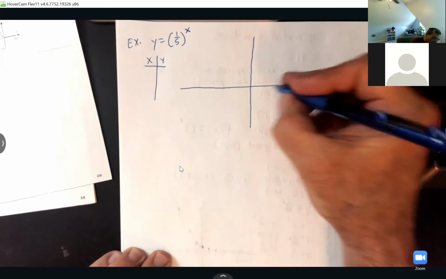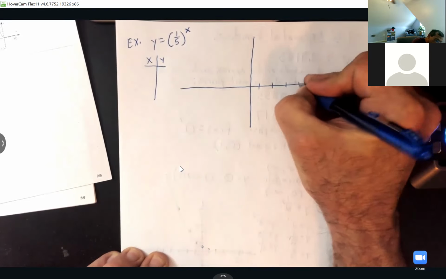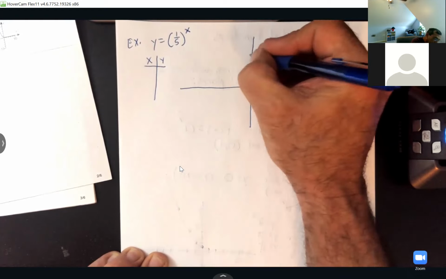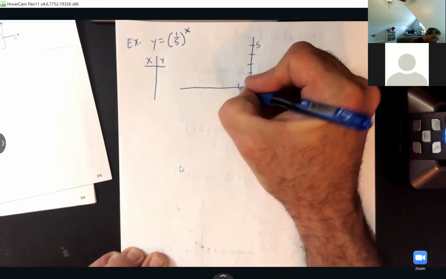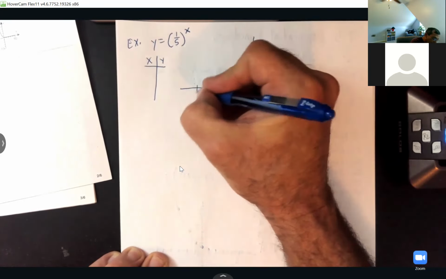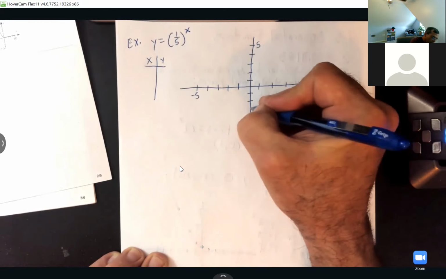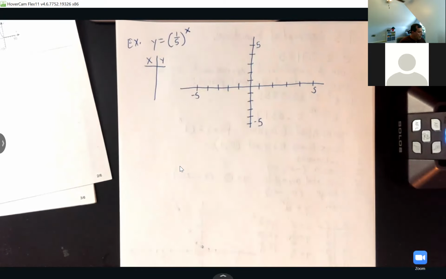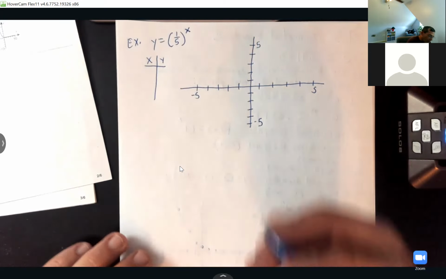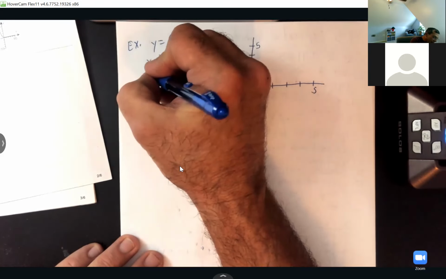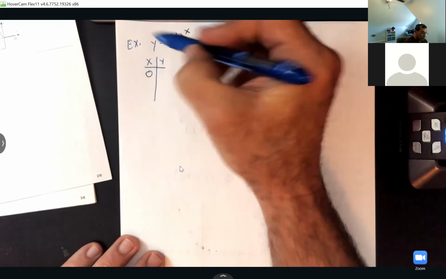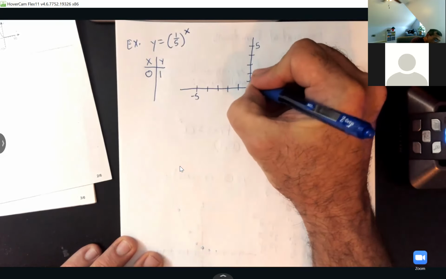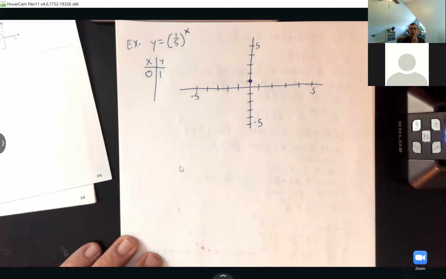I'll probably go out about 5 on this one. All right, so like I said, I'm going to use 0 because 1/5 to the 0 is still going to give you a 1. So at 0, we're still at 1.